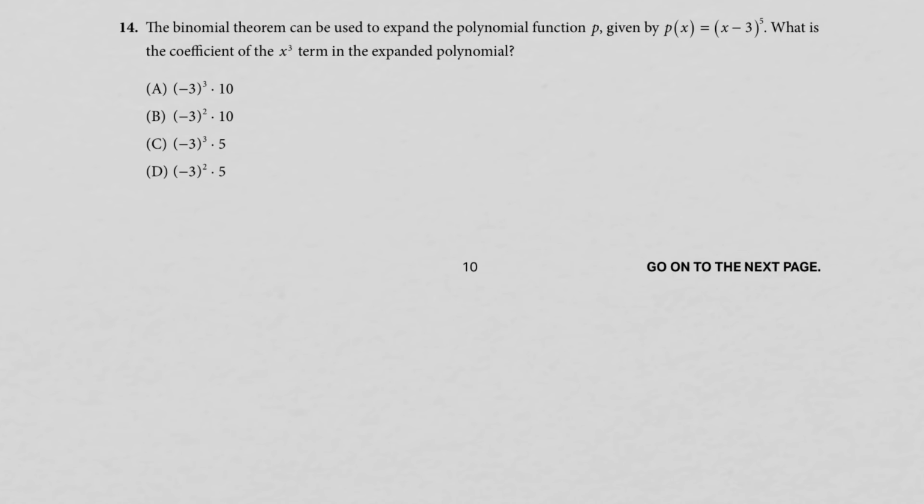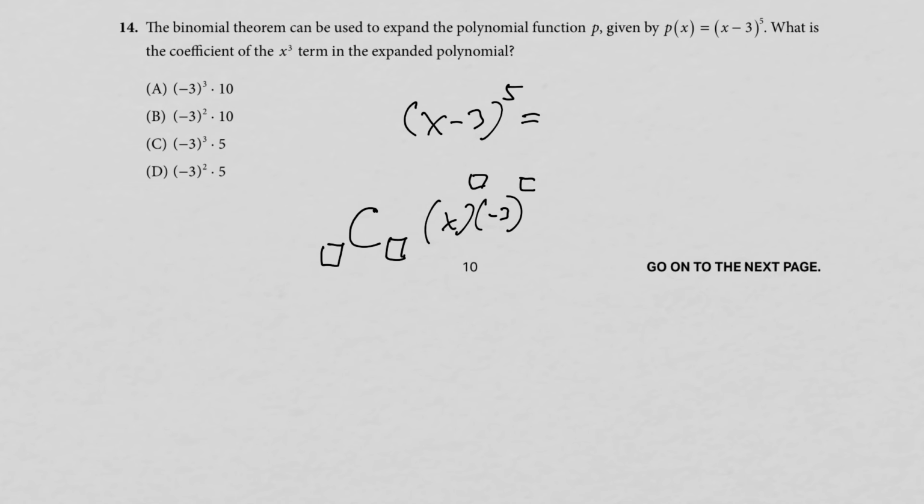Okay, binomial theorem. What they're asking is, what if I raise x minus 3 to the 5th power? What would be the x cubed term? You really don't want to multiply this whole thing out, but there's a shortcut. The shortcut is that every term has a form like this.